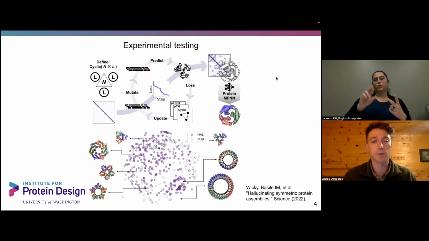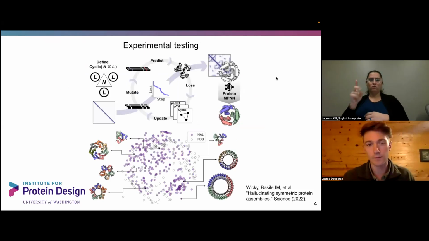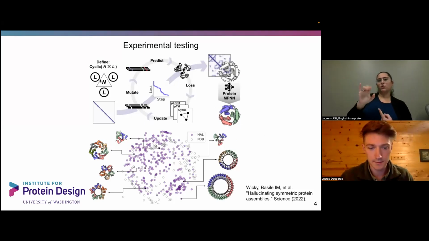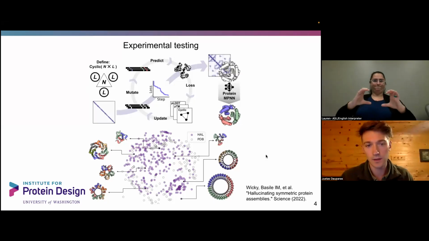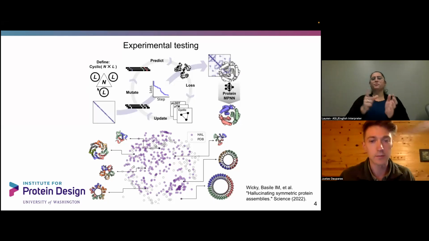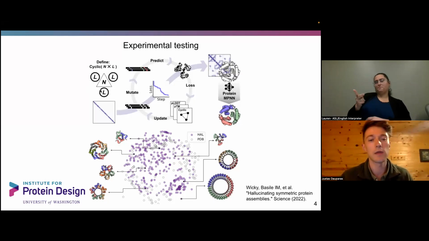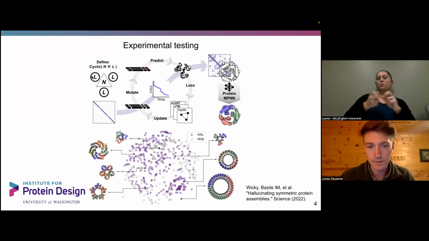Some of the experimental results: one of the papers that came out at the same time as ProteinMPNN is called Hallucinating Symmetric Protein Assemblies, and this is a figure from the paper. Lucas, Basile, and Alexei in our lab have been hallucinating, or generating, proteins using AlphaFold. In this case they are interested in a cyclic protein.